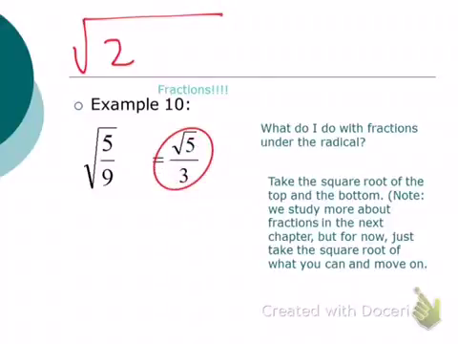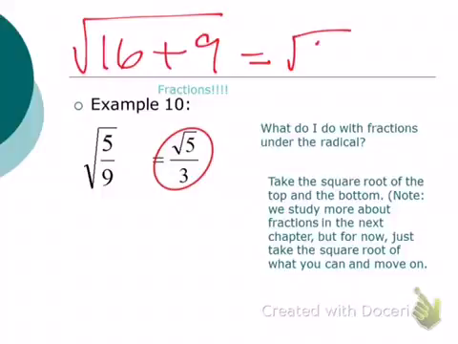Let me do one that's familiar. Let's do square root of 16 plus 9. We can't take the square roots of the pieces of a sum. If we did, what would that be? Square root of 16 is 4, square root of 9 is 3, and that would give us 7.